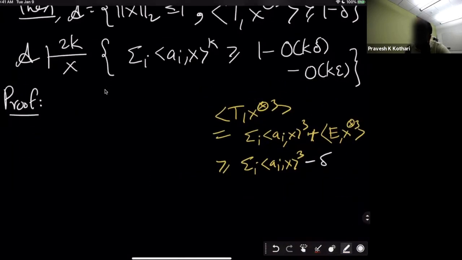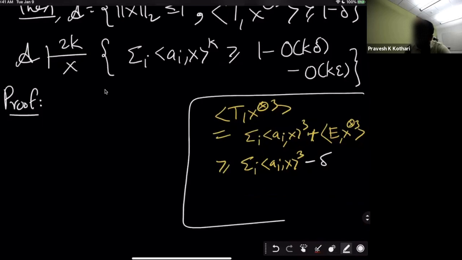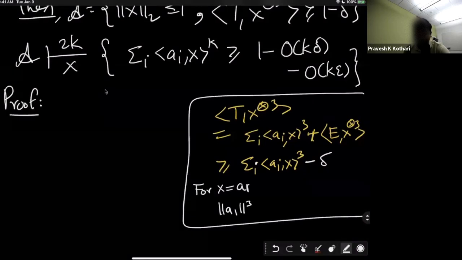But now, I don't have orthonormality. So how do I prove that sum AI X cubed is at least large? So I observe that, if I plug in X equals AI, let's say A1, then I get A1 cubed. So A1, let's say you knew that they are unit vectors.